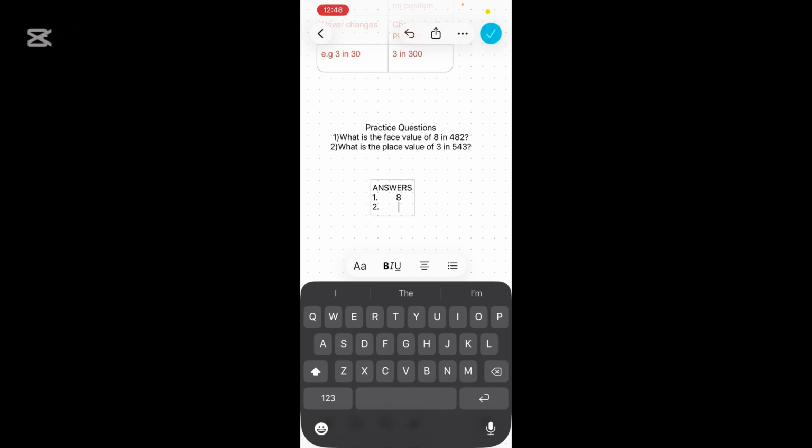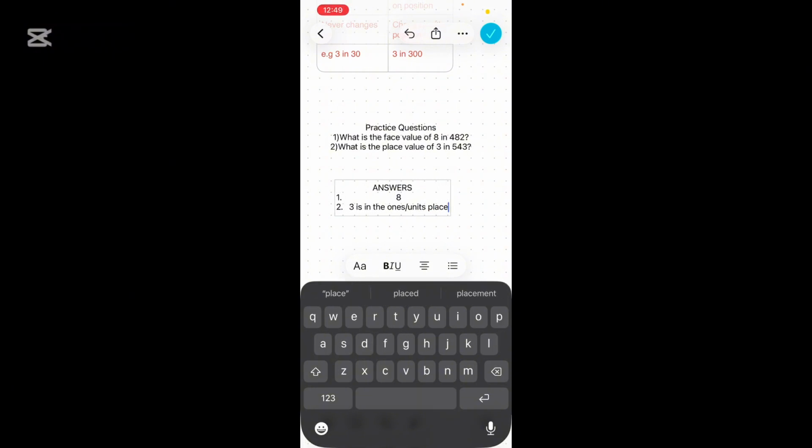And number 2, what is the place value of 3 in 543? So we say 3 is in the ones or units place.